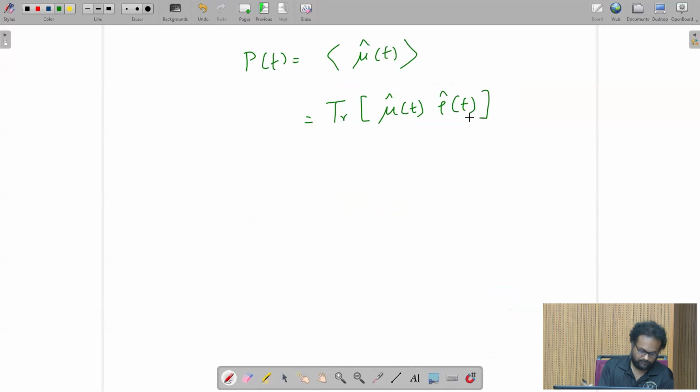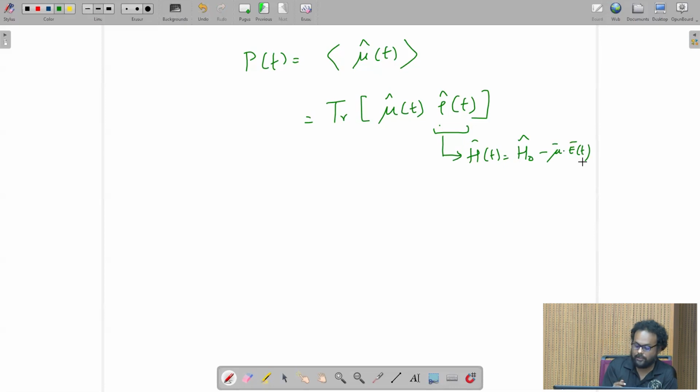where the time evolution of rho we know how to calculate. We know time evolution is basically driven by your Hamiltonian, H naught minus mu naught E. Right?